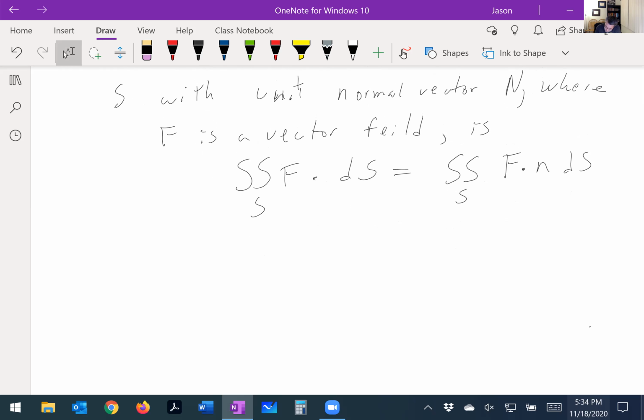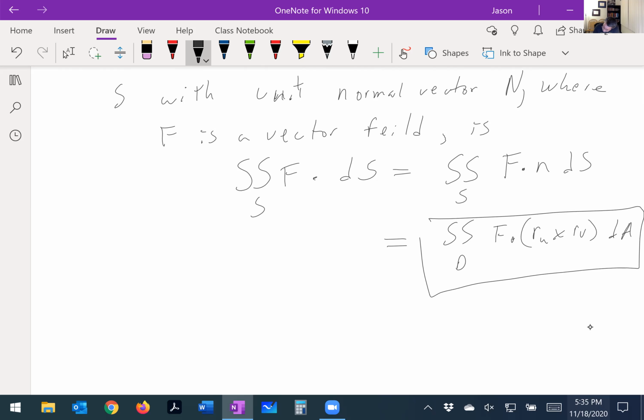Okay, so this is a vector field F, which is equal to the double integral over D of F dot (r_u cross r_v) dA. So this is a vector field that we can take the surface integral of and turn it into a double integral.